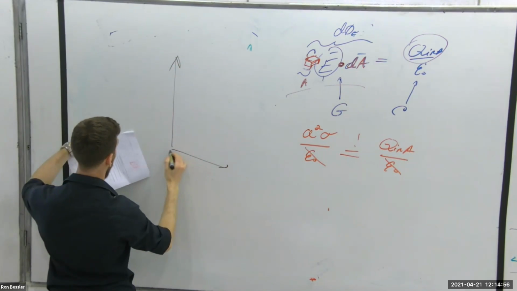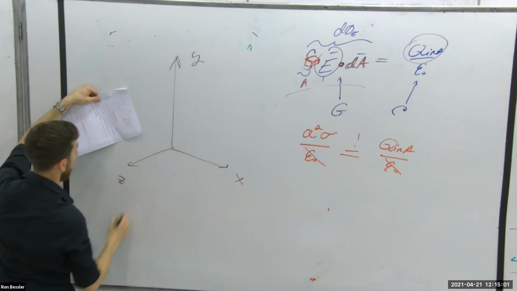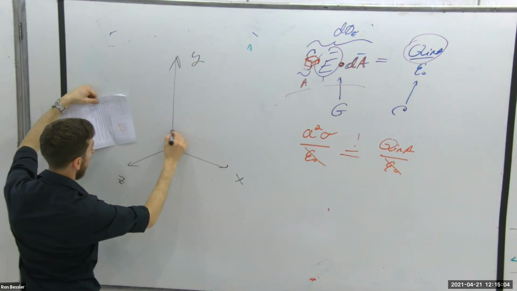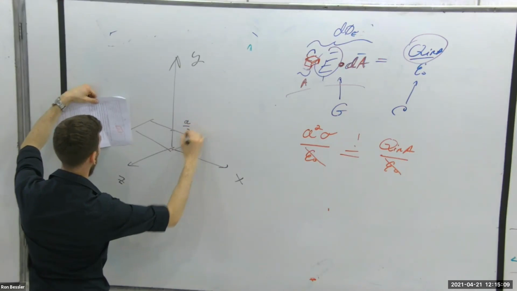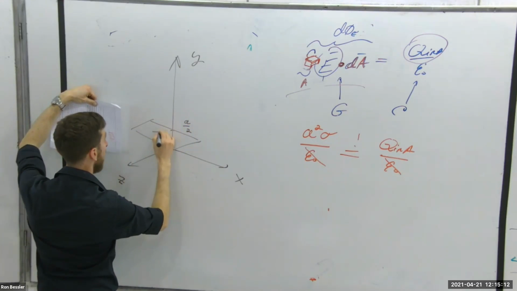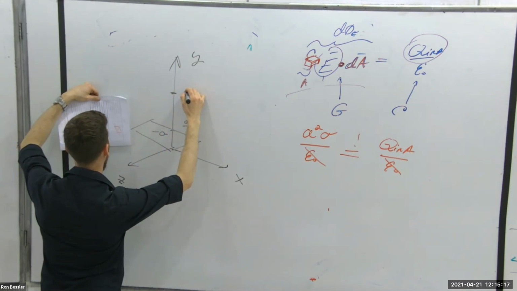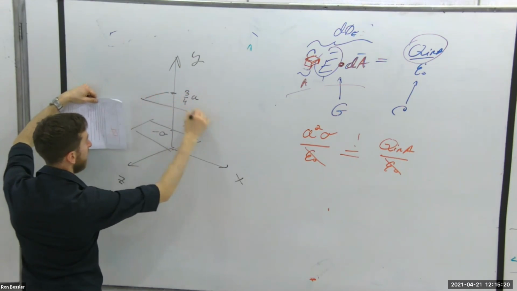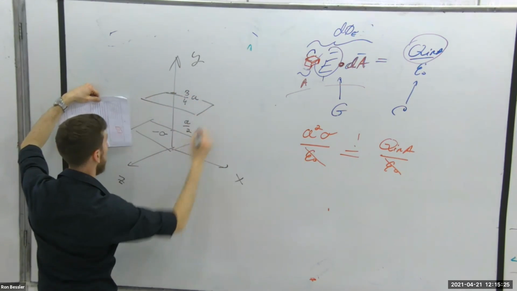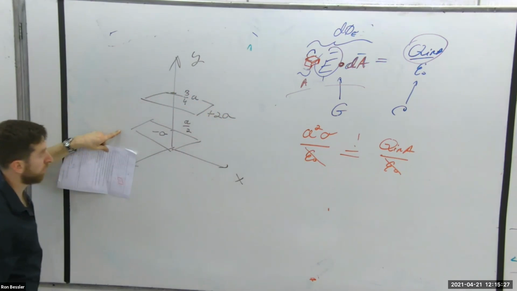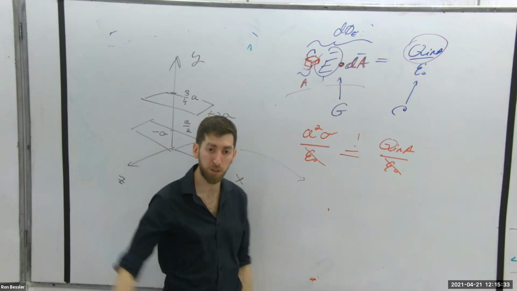This is y, this is x, this is z, and we put here at height a/2 a charge of minus sigma, and at 3/4 a another infinite plane with the charge plus 2 sigma.